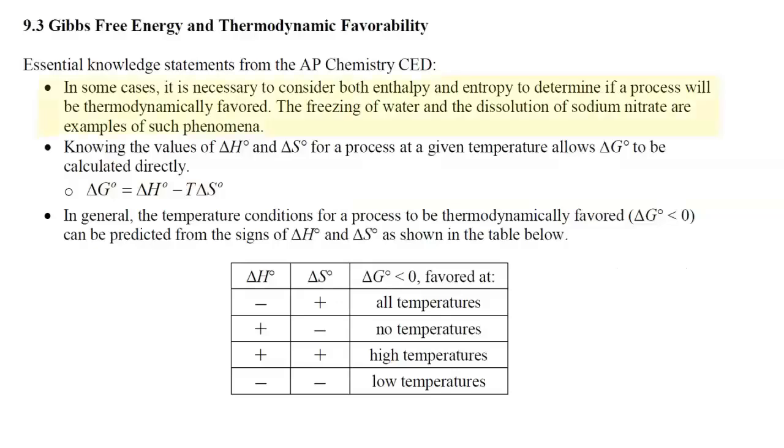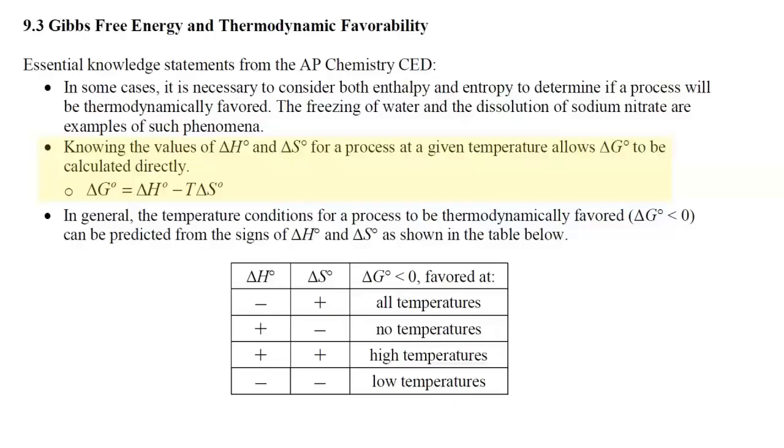In some cases, it is necessary to consider both enthalpy, which is delta H, and entropy, delta S, to determine if a process will be thermodynamically favored. The freezing of water and the dissolution of sodium nitrate are examples of such phenomena. Knowing the values of the enthalpy change, delta H, and the entropy change, delta S, for a process at a given temperature allows the free energy change, or delta G, to be calculated directly.